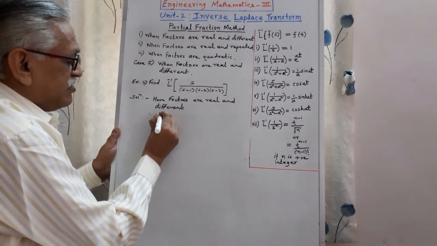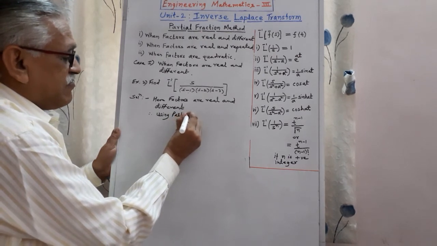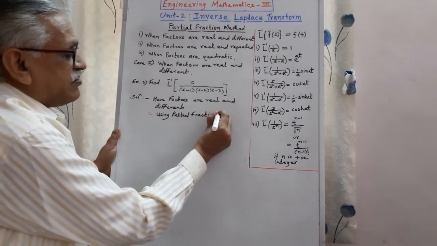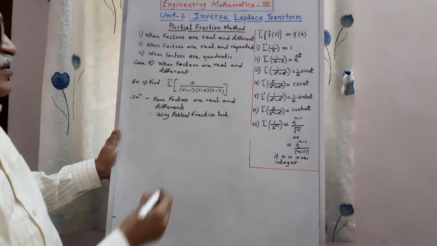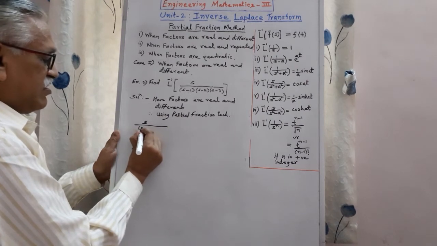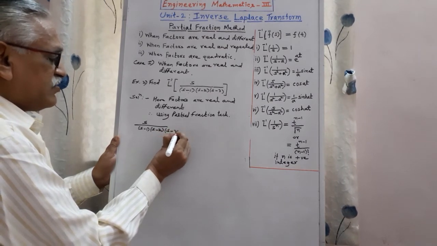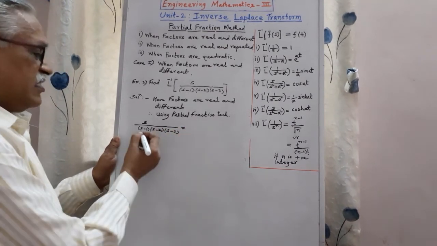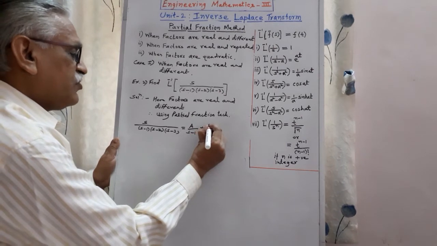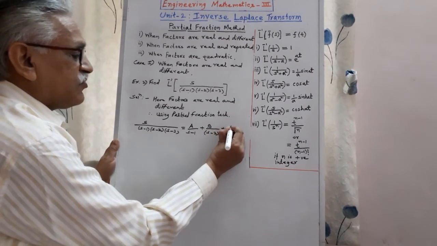Therefore, using partial fraction technique, we can write that term s upon s minus 1, s minus 2 and s minus 3 as A upon first factor, B upon second factor and C upon third factor.